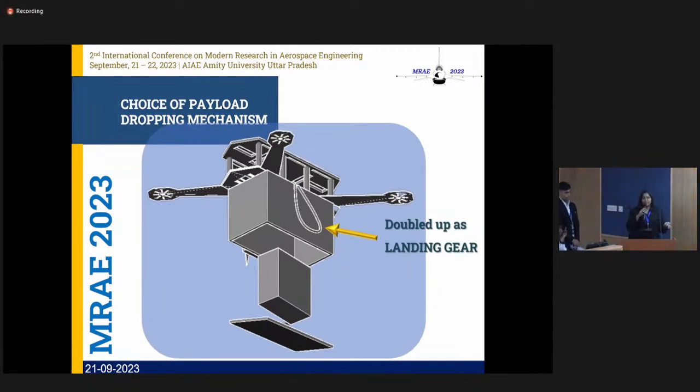What are the advantages of it? First of all, the weight gets reduced because now we don't need a specific landing gear anymore. Also, if we had placed a conventional landing gear in it, it would have placed a constraint on the size of the box. It would get limited. So we thought to remove the landing gear only.